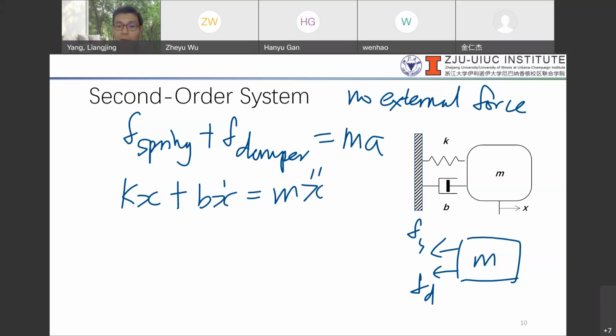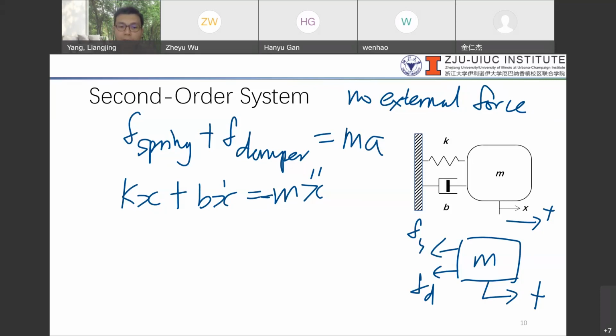because your arrow is actually pulling the body, this side here will be positive, right? So you will actually need to put a negative sign here.